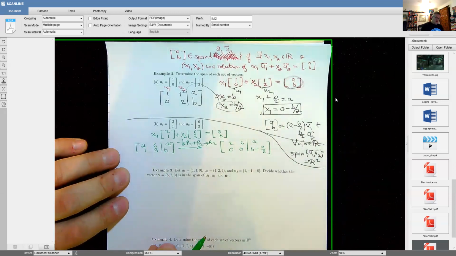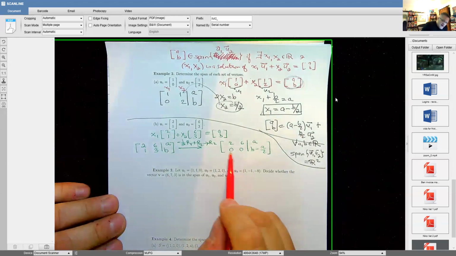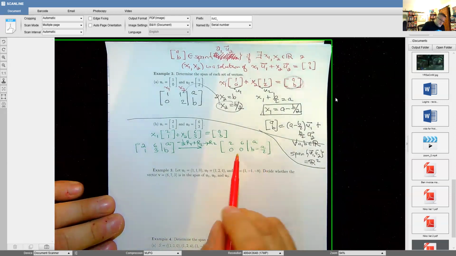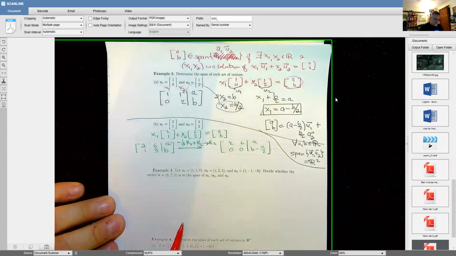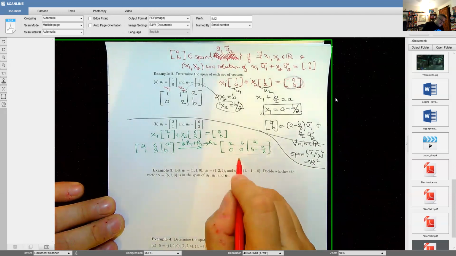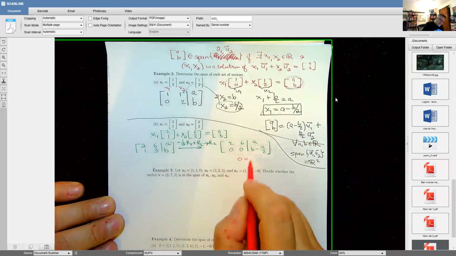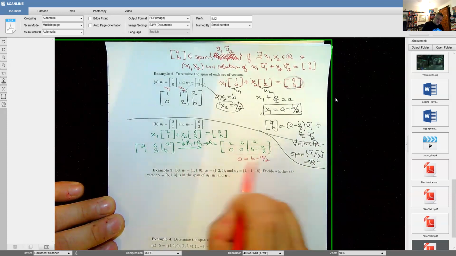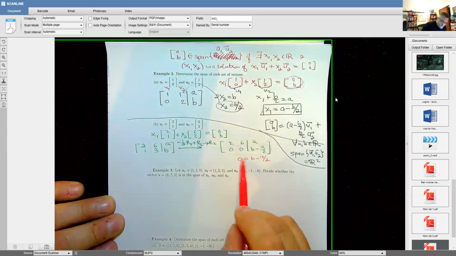All right. So now this is a little bit different than it was before. We don't have a row of zeros, but we do have this condition. What that's saying, if you were to translate this back into a system, is that in order for this system to have a solution, in order for it to be a true statement, this has to hold. Well, that's a condition.